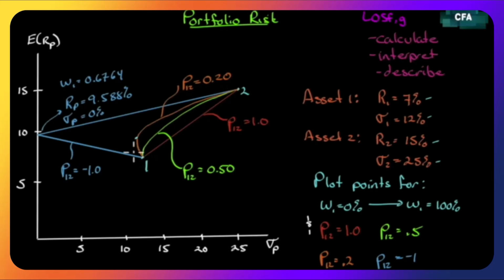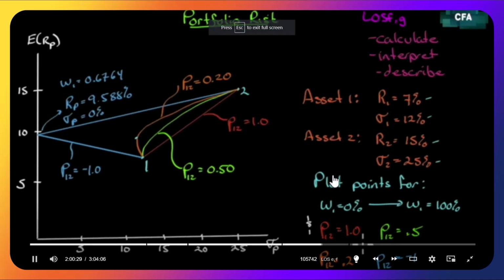And as you keep going down, 0.1 all the way to 0, and then you start going negative, this is the extreme, -1 correlation. You can see that the less correlated these assets are, the greater the benefit to diversification. So let's look at this last asset where it's perfectly negatively correlated.